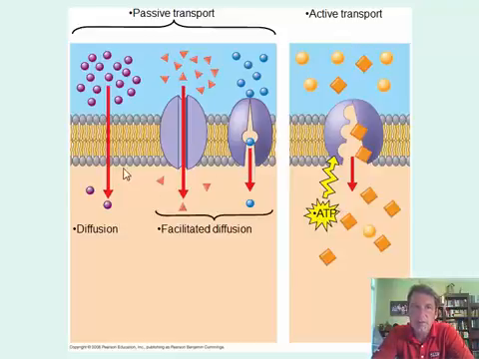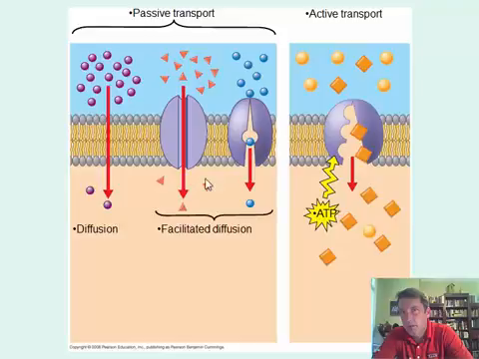So there are some different types here of passive transport. Sometimes the molecules just go straight through the membrane. In this case, diffusion is an example of that, and osmosis. Another example is where these molecules move through proteins, but they do not require energy to move through these proteins.